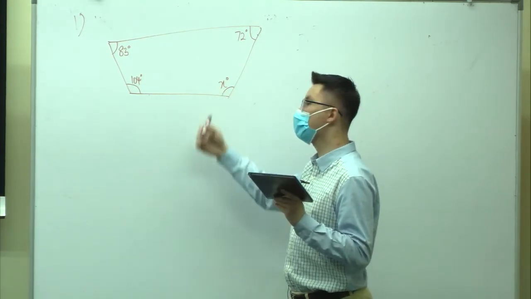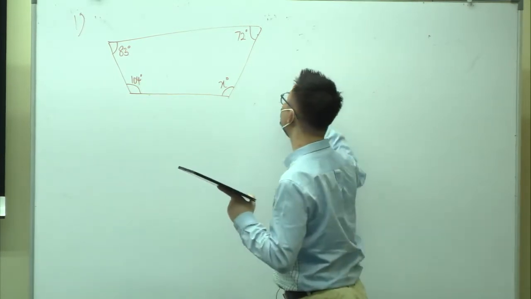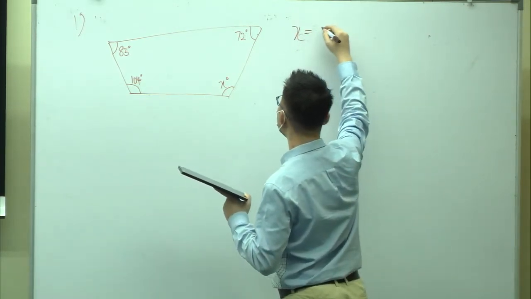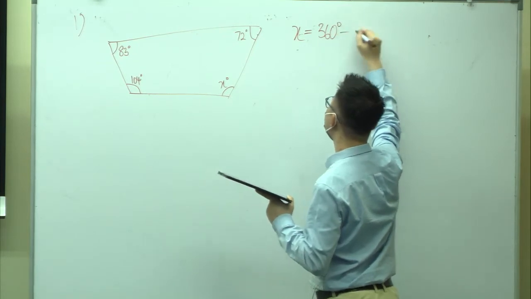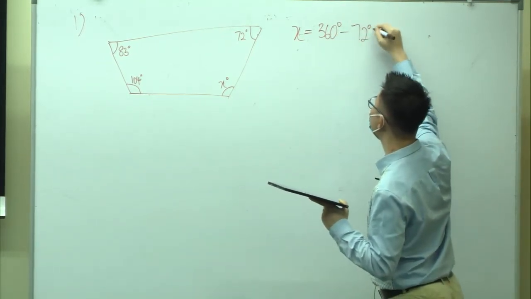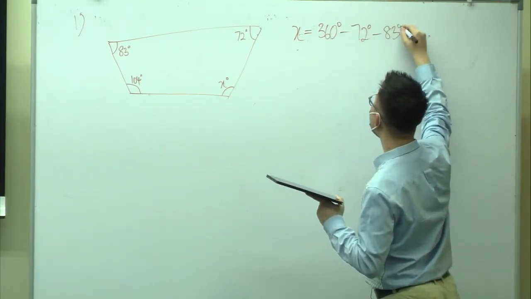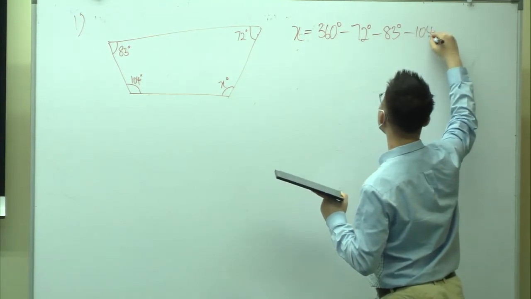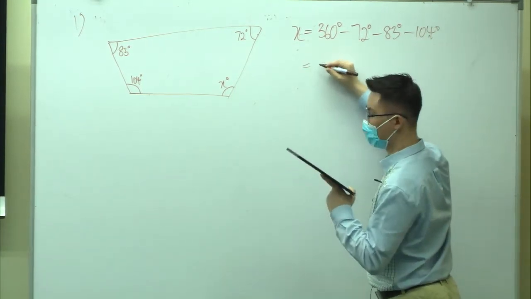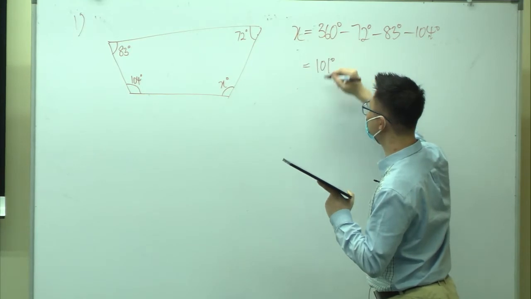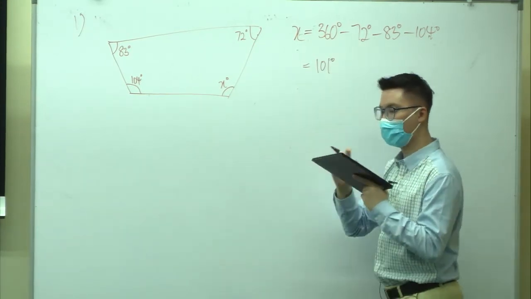So to find x, you just take 360 minus 72 minus 83 minus 104. Now you get 101. This is how we find it.